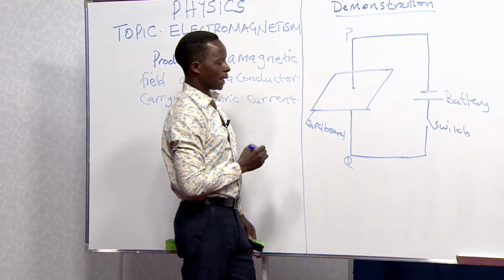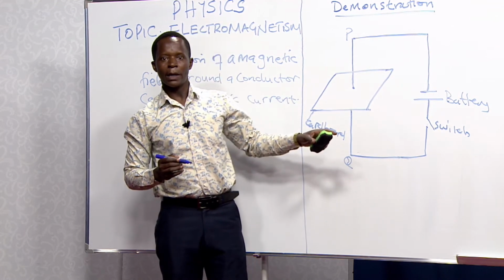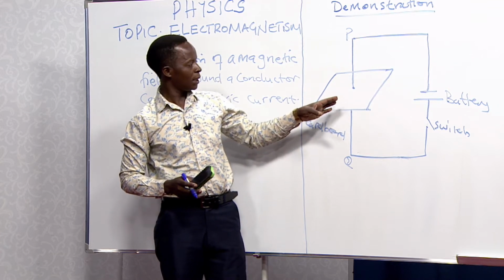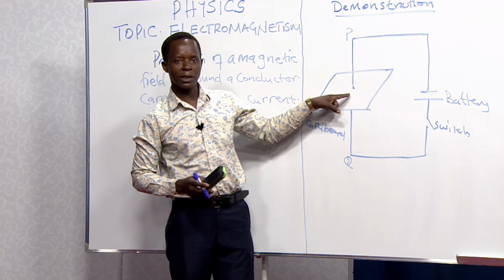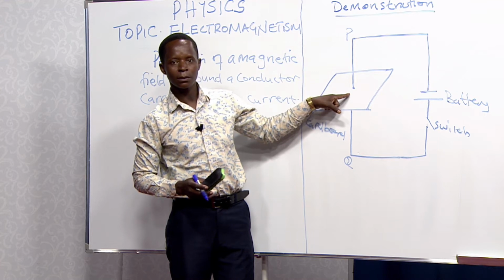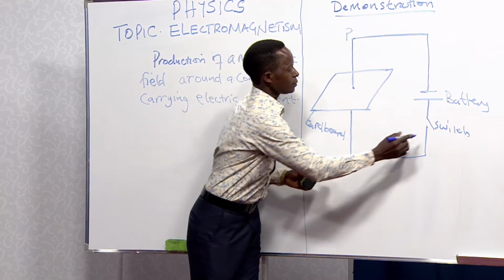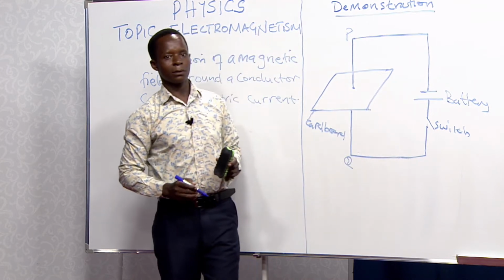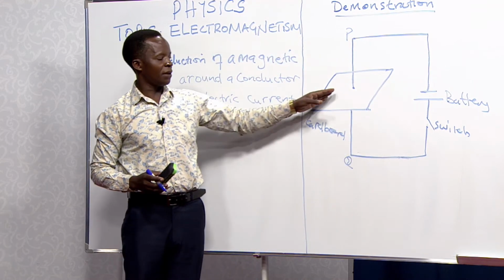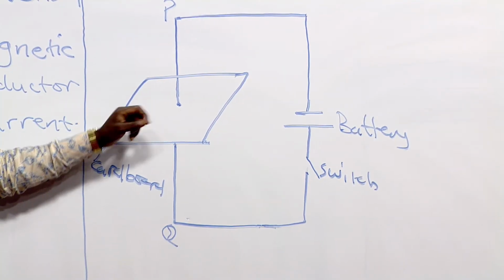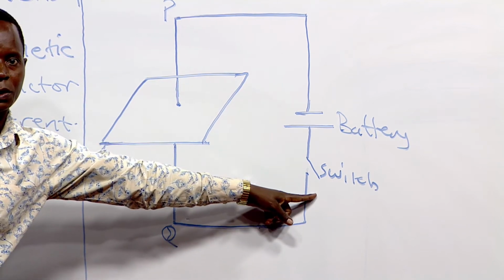Now what happens is I get iron filings and sprinkle them on this cardboard. Then after that, I close the switch.